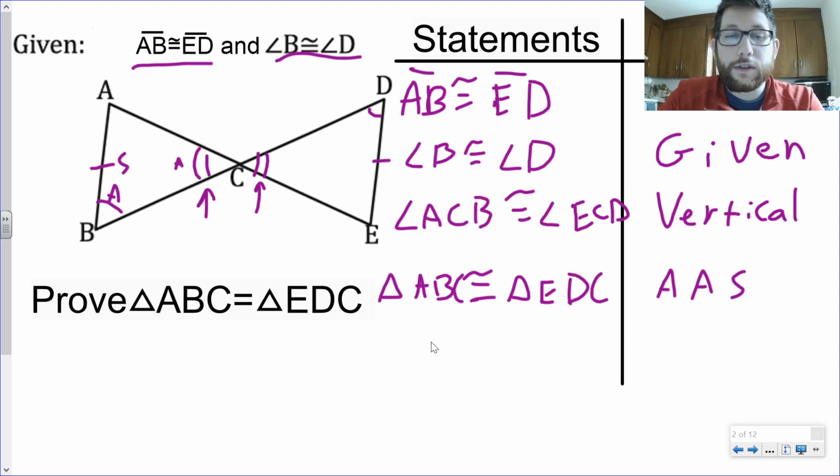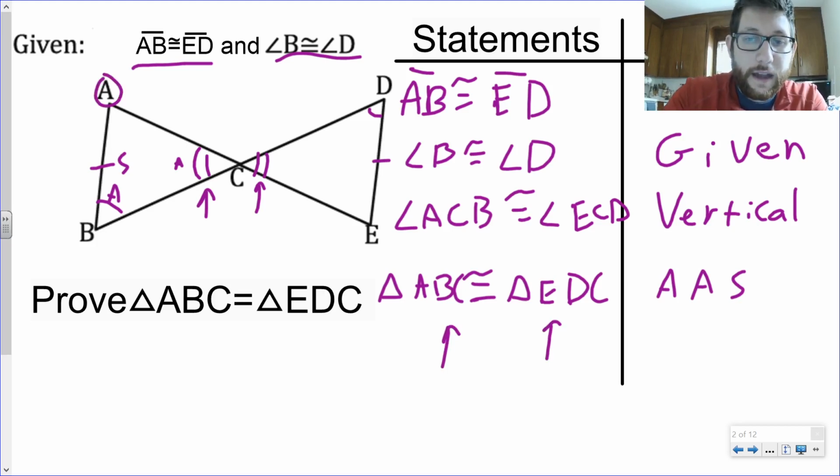So do you see how that works? Now notice a couple important things here. When I'm setting up my triangle proofs, the A side needs to match the E, the B side needs to match the D, and the C with the C. So when I'm writing my statements out, make sure your letters are in the right order.